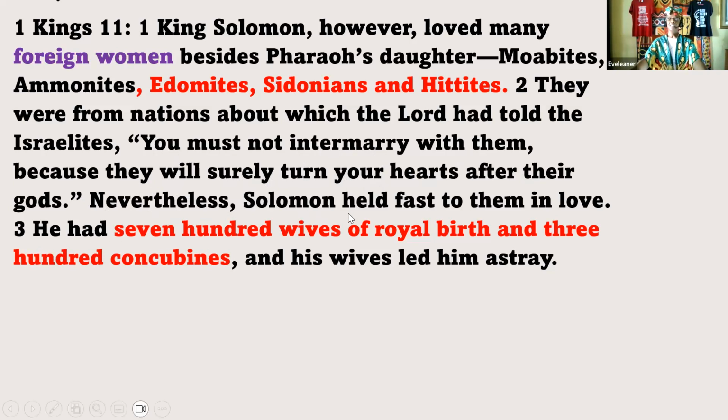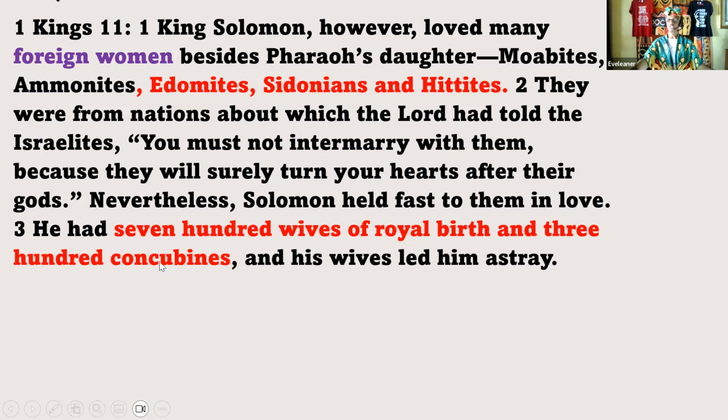Nevertheless, Solomon held fast to them in love. He had 700 wives of royal birth. Oh my goodness. And 300 concubines. And his wives led him astray. Now let's do the math. 700 wives, 300 concubines. All of these were women.